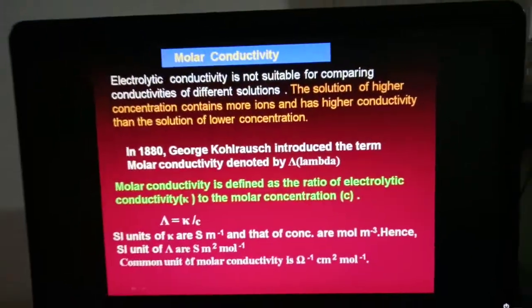Hence, SI unit of lambda becomes Siemens meter square per mole. Common unit of molar conductivity is per ohm centimeter square per mole.